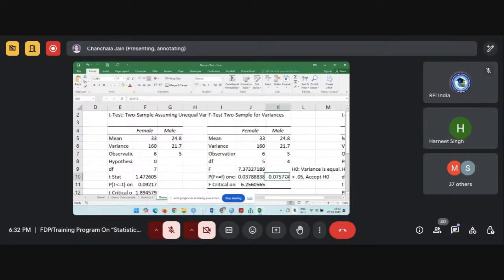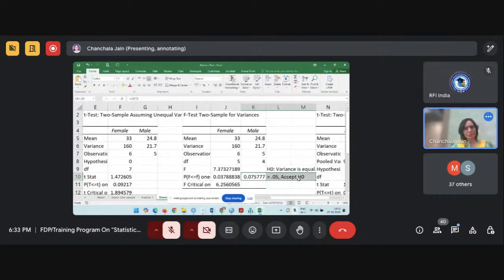This p value 0.07 is compared with the level of significance 0.05, which I have written here. The p value is always compared with the level of significance, the LOS.